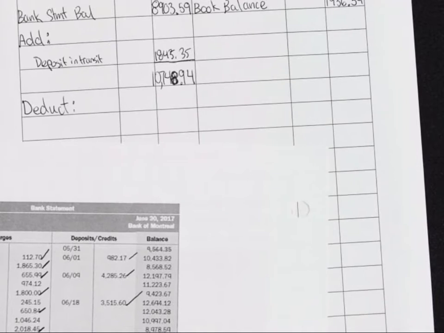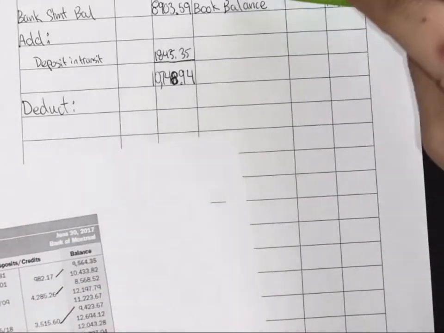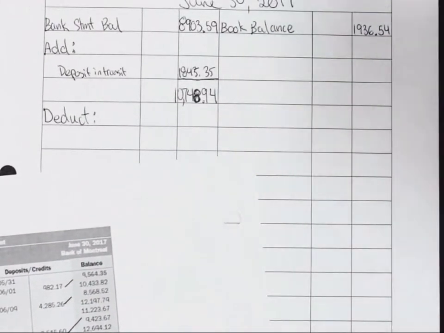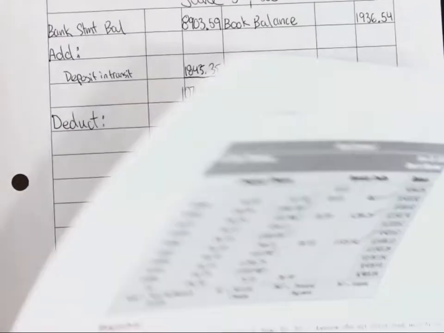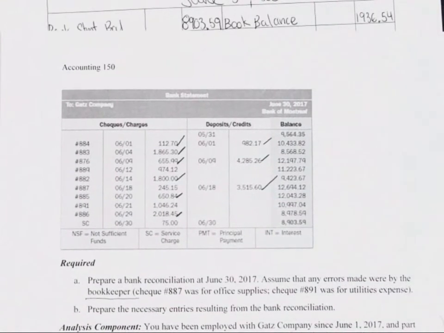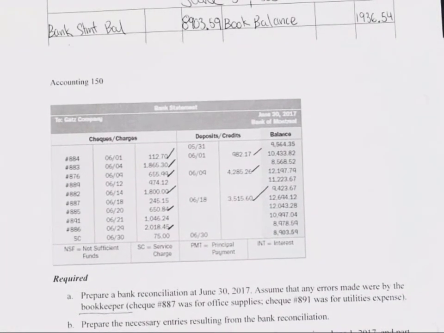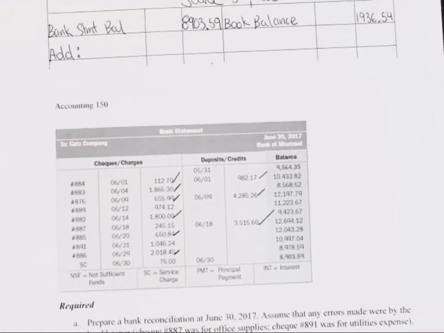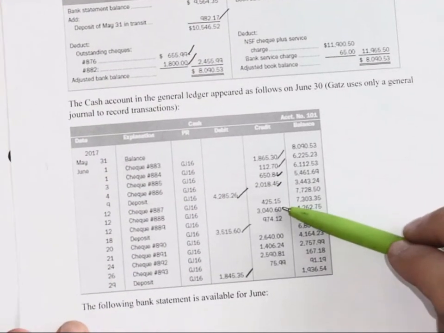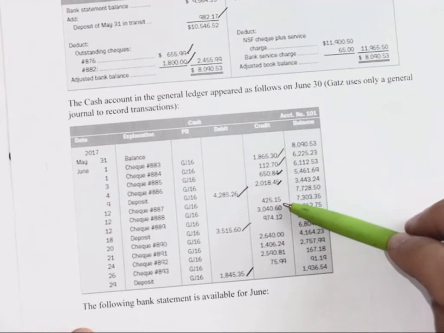So if it's an error by the bookkeeper, we need to adjust it on our book side. So anything that we do to adjust is going to happen over here. This is where all of our journal entries will take place. So if our bookkeeper wrote the check for $245.15, and the bank cashed it correctly, but wrote in the general ledger that it was $425.15, what do we need to do?